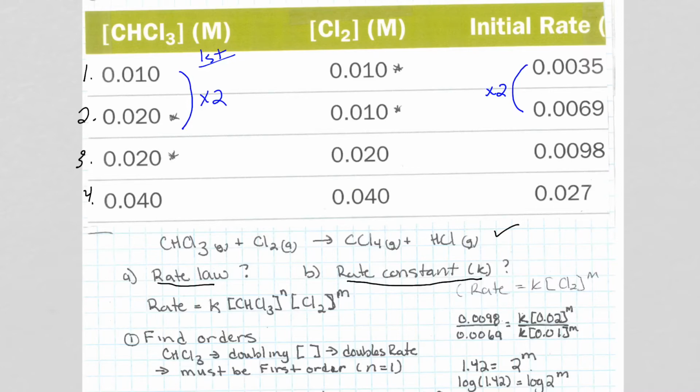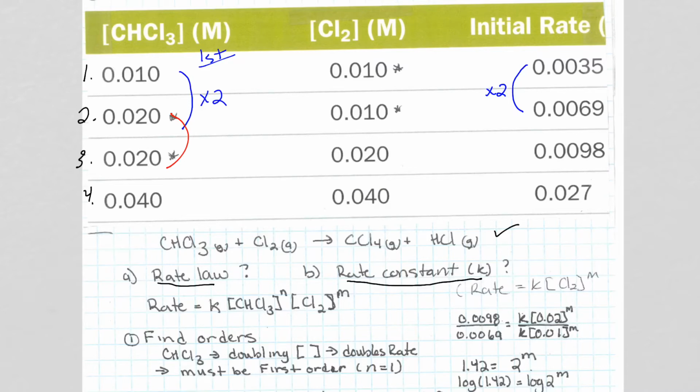We find two trials where the Cl2 concentration has changed, but the CHCl3 concentration has remained the same. Now, this is a pretty straightforward piece of information because there's only two trials that we could use here because there's only two trials where CHCl3 is the same, and that's trials 2 and 3.